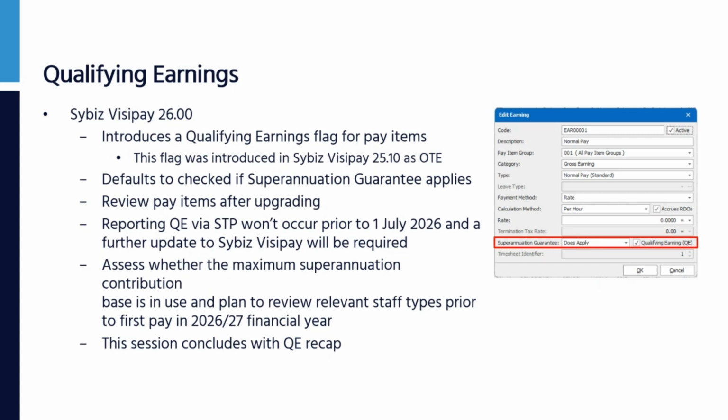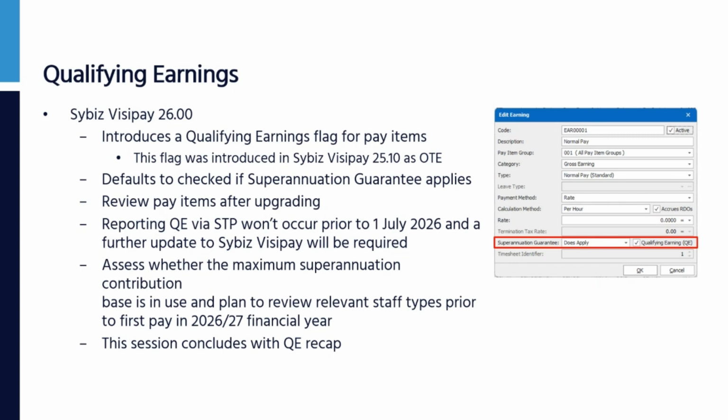And just a little bit about qualifying earnings in the context of Sybiz Visipay. So Sybiz Visipay 26 is soon to be released, and we have the qualifying earnings flag on the pay items. So this was previously, as I said, labelled as OTE. And what we're essentially doing is when you upgrade to the relevant version, we'll look at your pay items, and if you have super applies, we're going to flag that as a qualifying earning.